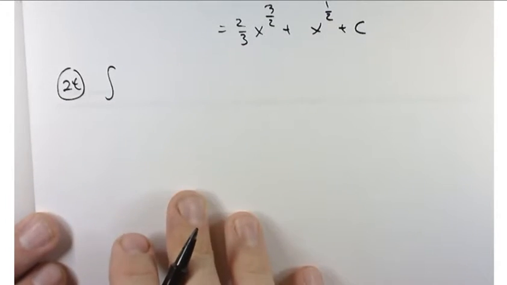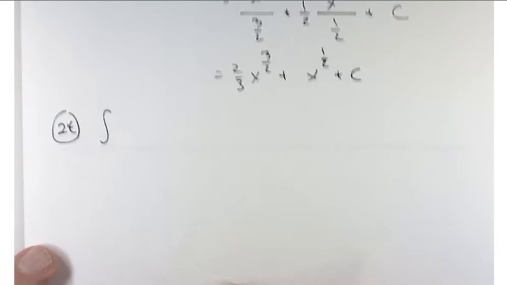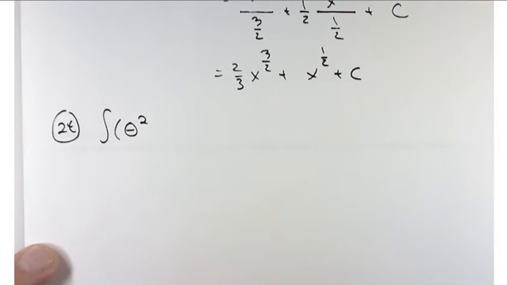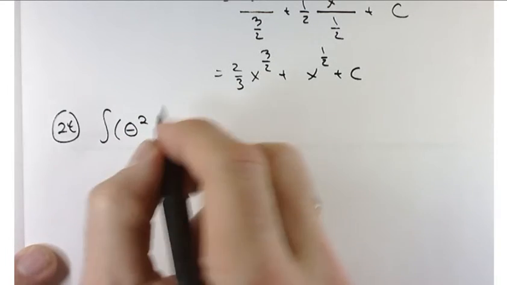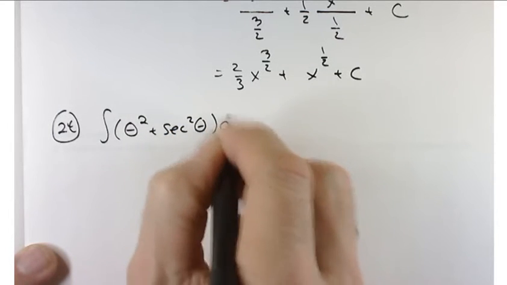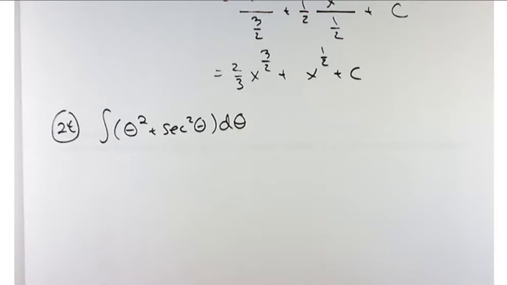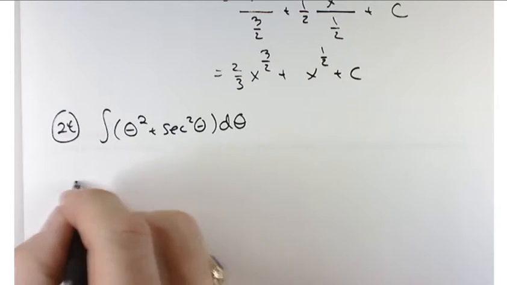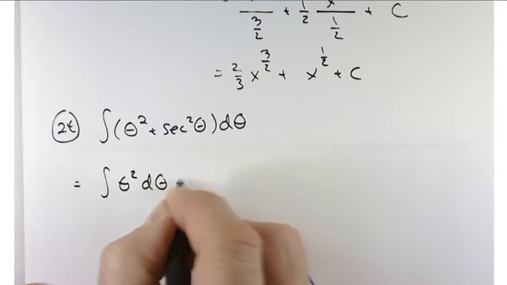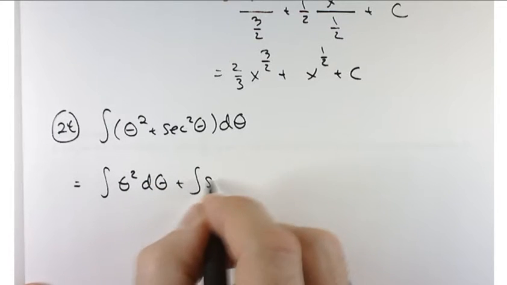You don't always have to integrate with respect to x. Sometimes you can integrate with respect to other things. In this case, that'd be a theta. The integral of theta squared plus secant squared of theta d theta. If it helps, like our last couple problems, let's break it up.